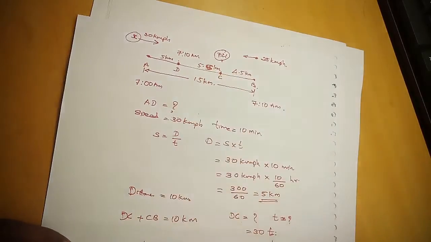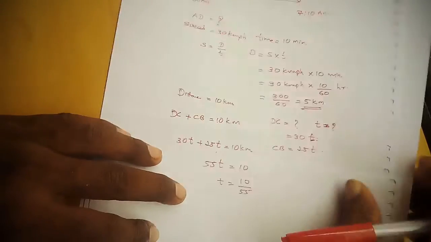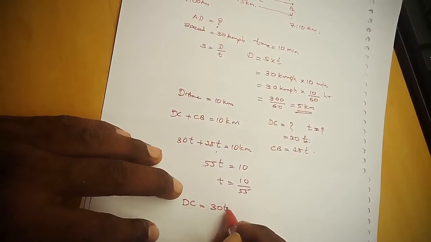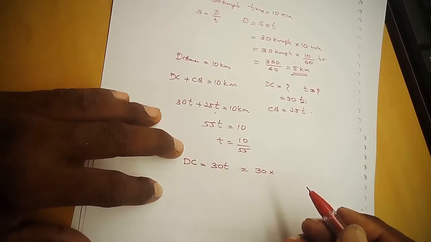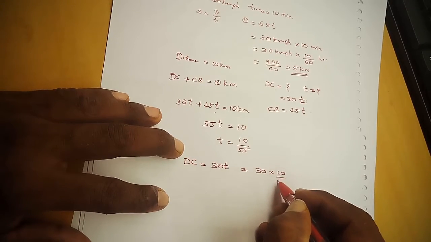So we can find out the distance. Distance DC is equal to 30 T, so 30 into 10 by 55.